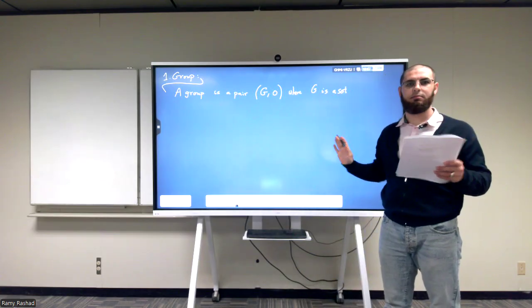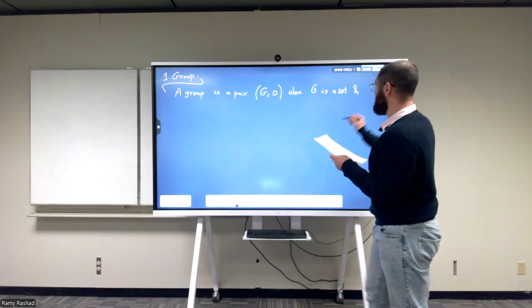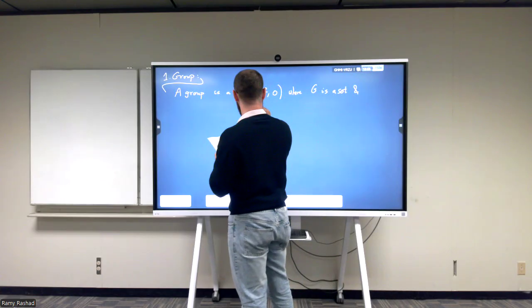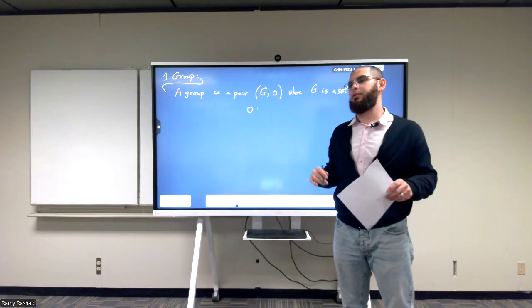You know what a set is? Okay. So where G is a set and circ is a binary operation. In other words, it's just a map.